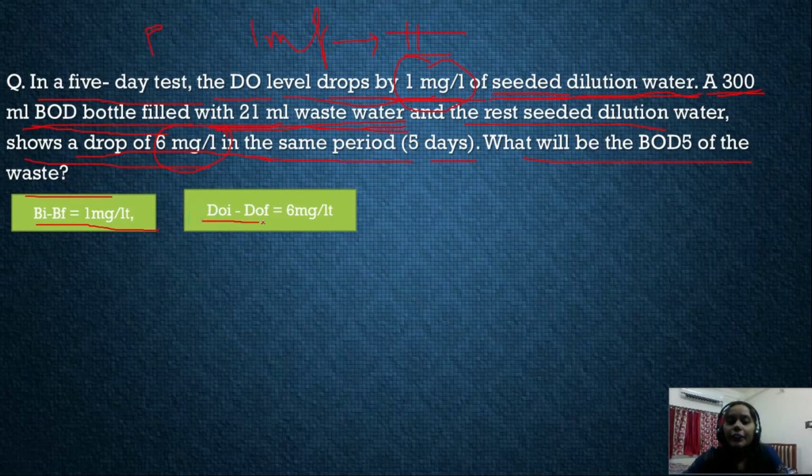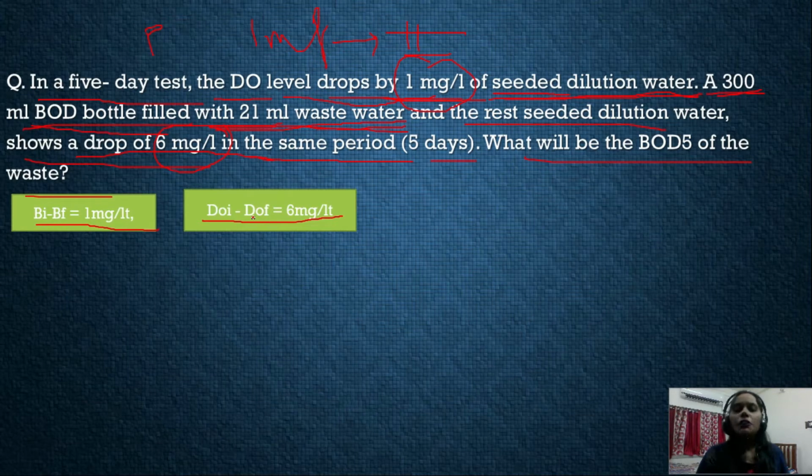That means DOI minus DOF equals 6 milligram. If we do initial minus final value, only then will we get the decrease of dissolved oxygen. Understand? So they have already done the subtraction, and these are the subtracted values, 1 milligram and 6 milligram.